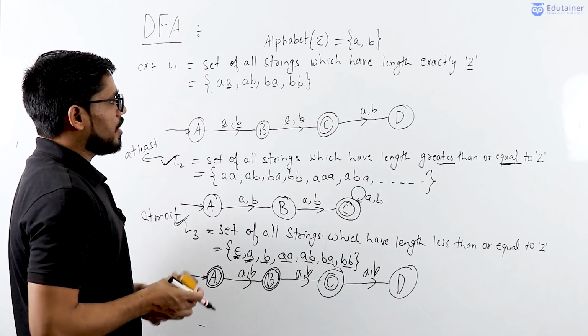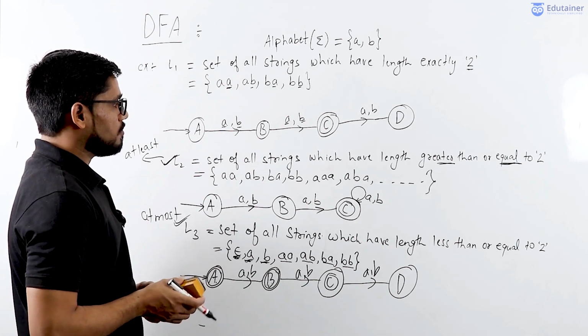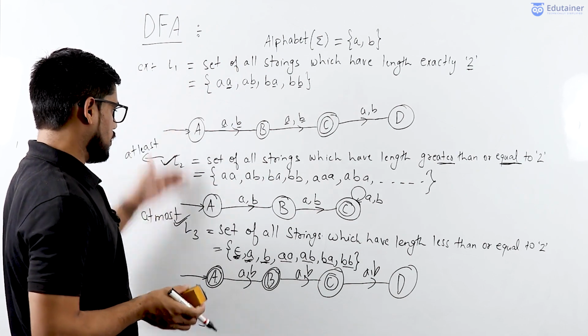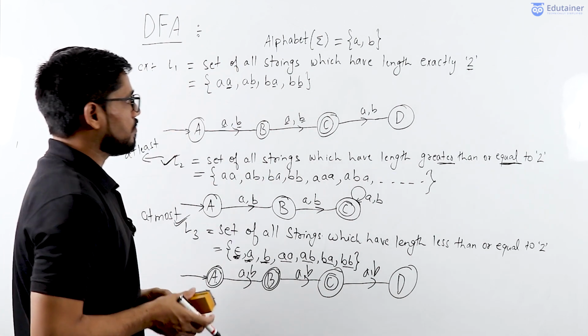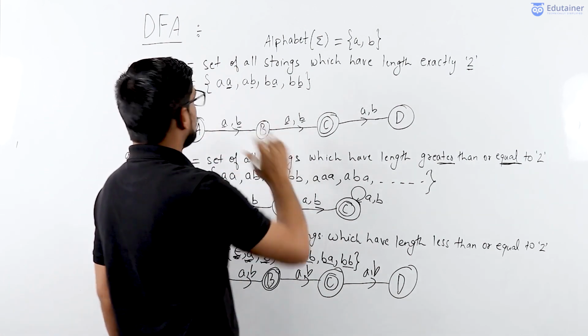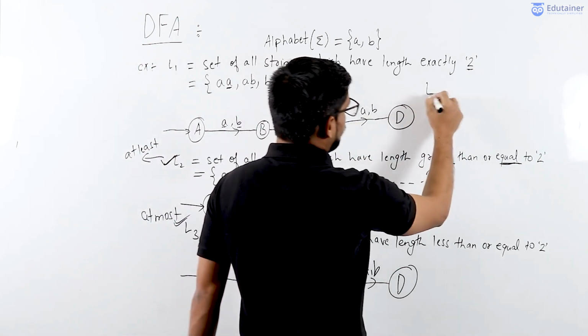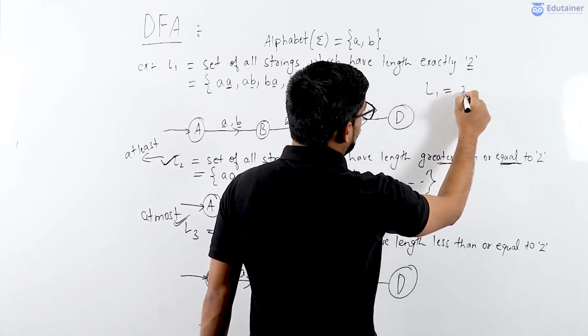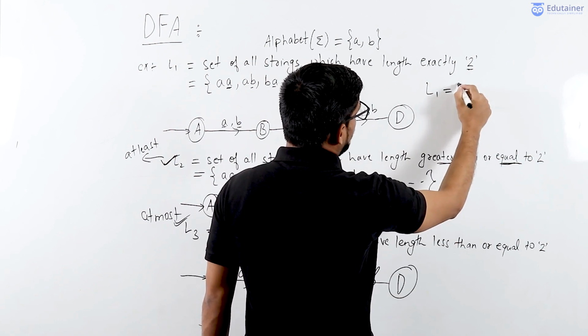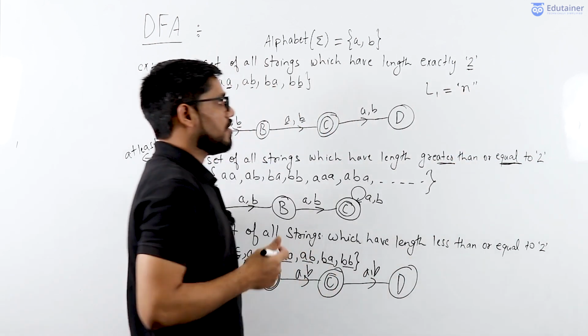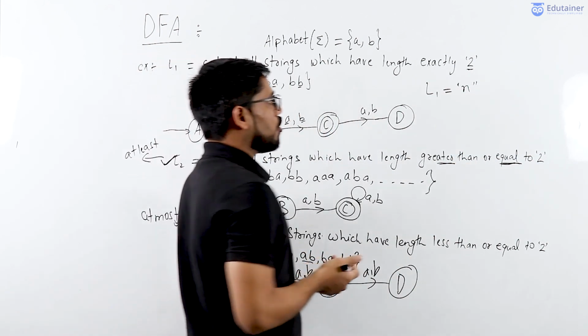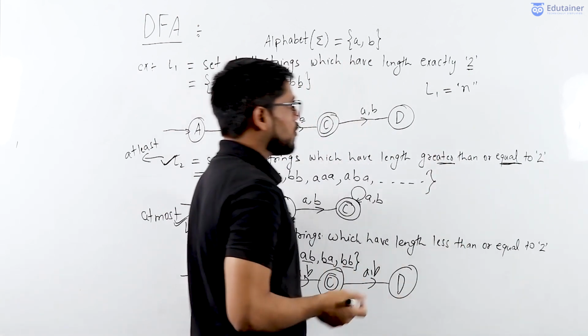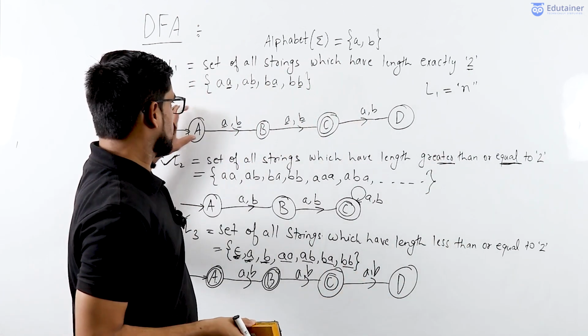So if I generalize a formula for such types of languages, let's say language L1 contains exactly 2, meaning n length strings. If you are given n length strings, then what will be the number of states possible in this language?